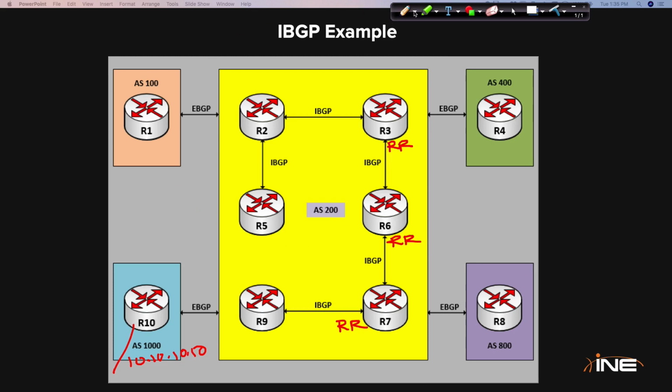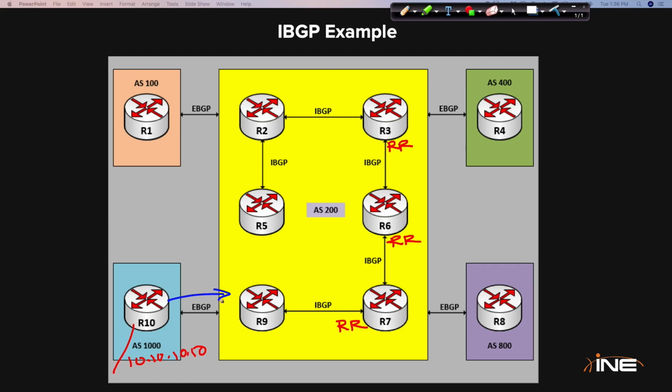Now when R10 gives the route to R9, it's an eBGP connection, so the AS path would be prepended and R10 would be the next hop. When R9 gets that, he puts the route in his routing table. When he gives the route to R7, the next hop would still remain the same, which is R10, and the AS path would still remain the same, which would be AS 1000.